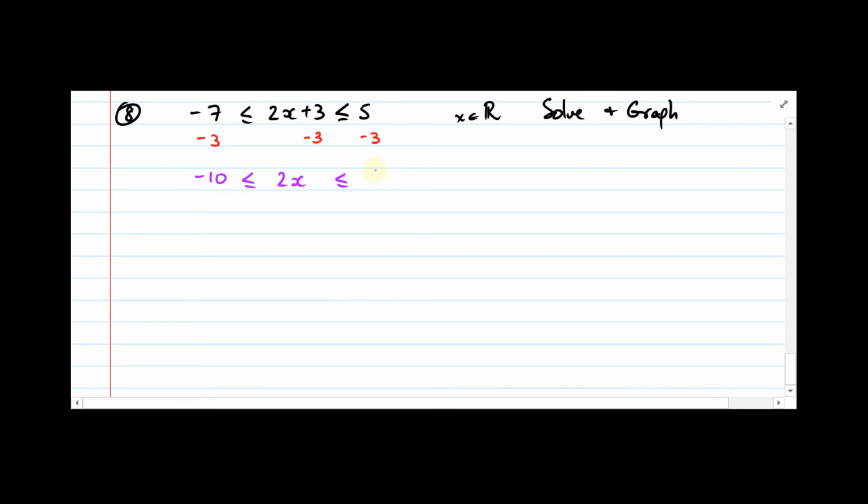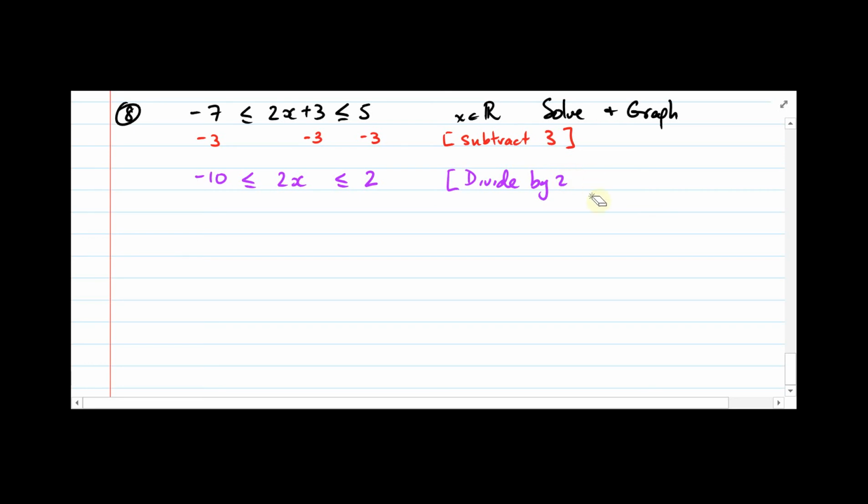2x, and 2. Okay. So the first step was subtract 3. The next step that I want to do is to divide by 2.